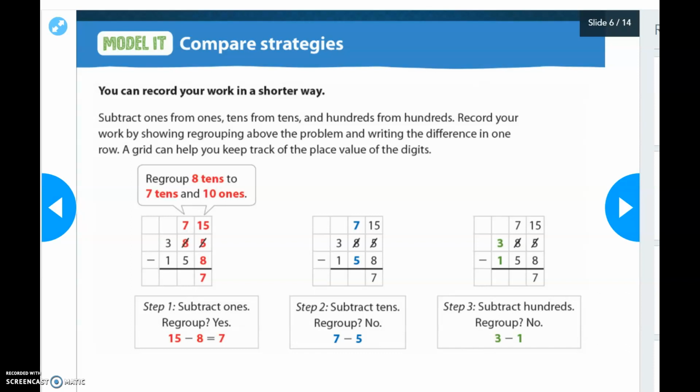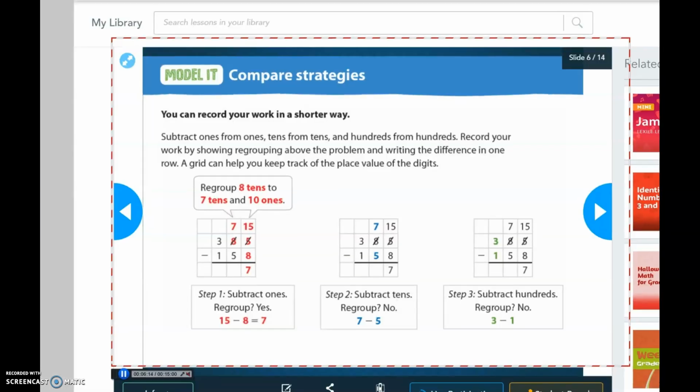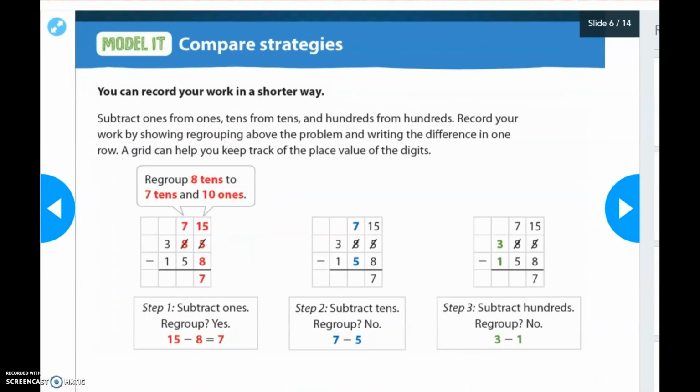So this just shows exactly the regrouping that we did on the previous one, and also what we did together before. So you're going to first check and say, okay, is the bottom bigger? 8's bigger than a 5, so we have to regroup.